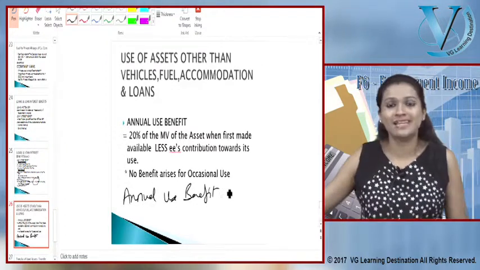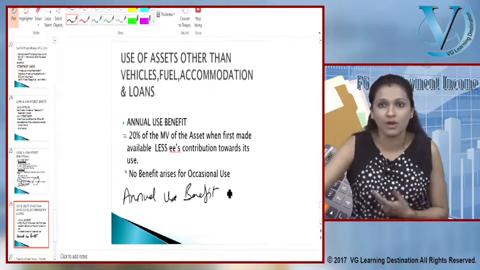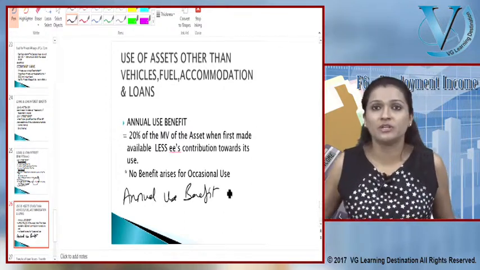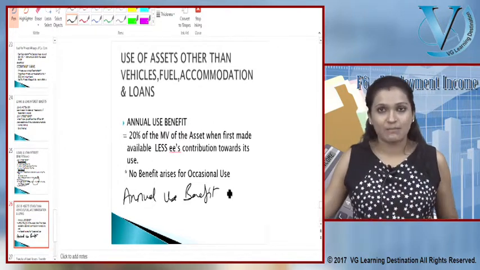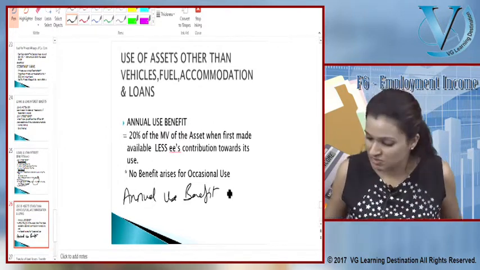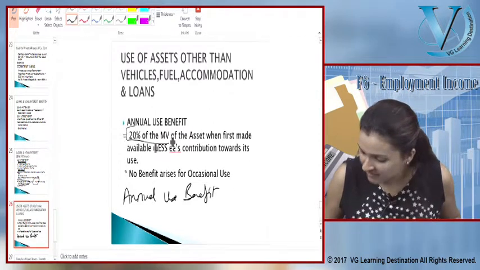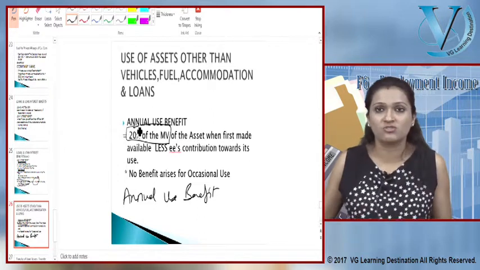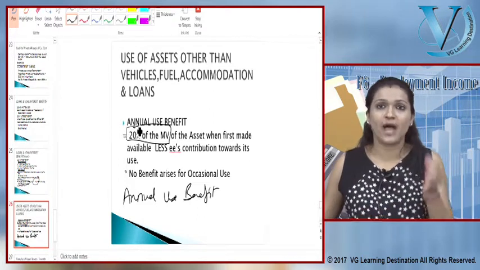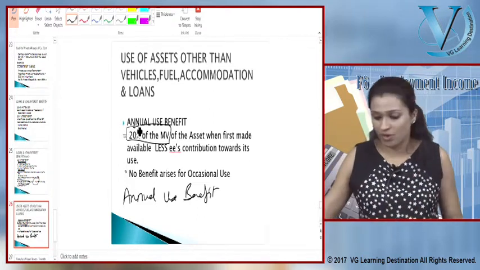Supposing you've used the laptop of the employer all year long, definitely you need to pay the annual use benefit. You're going to pay tax upon it, which is equals to how much? Which is equals to 20% of the market value of the asset when first made available. You can obviously reduce from this value any contributions that you have made as an employee, right?